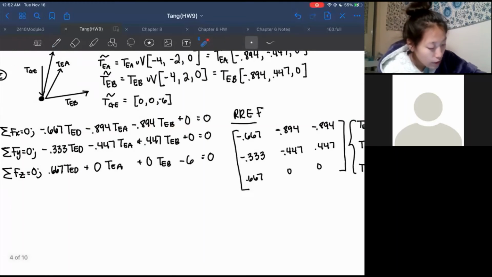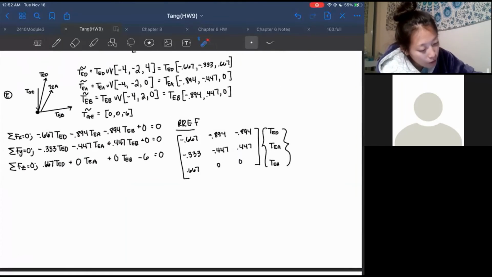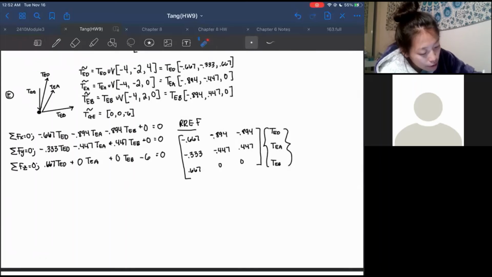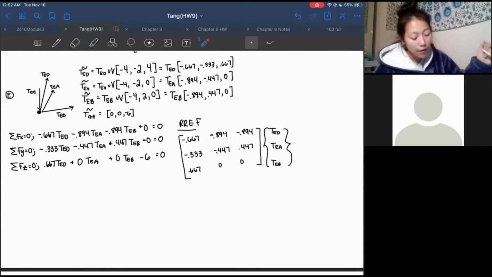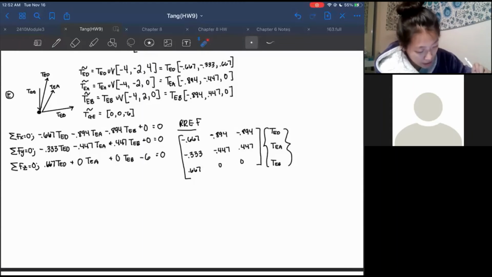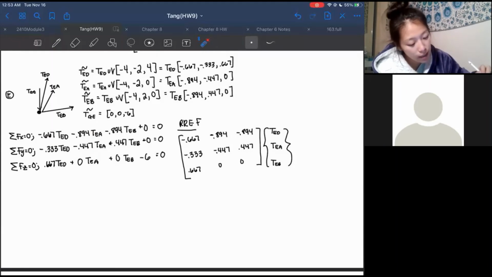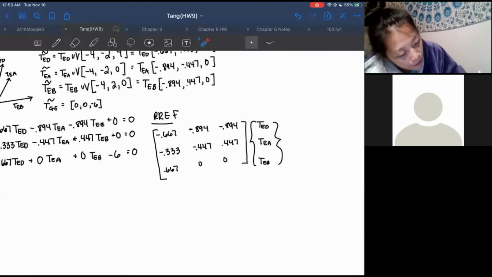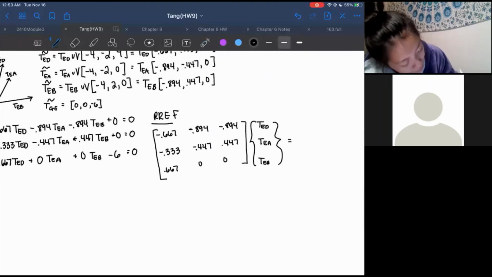And you also want to make sure that all of these, when you're making the matrix, line up and you put them in the same order. So this is like 1, 2, 3. So it'll be 1, 2, 3. You want to make sure that they're in the right order. If they are not in the right order, you will not get the same answer. You just got to make sure that you keep everything in line.